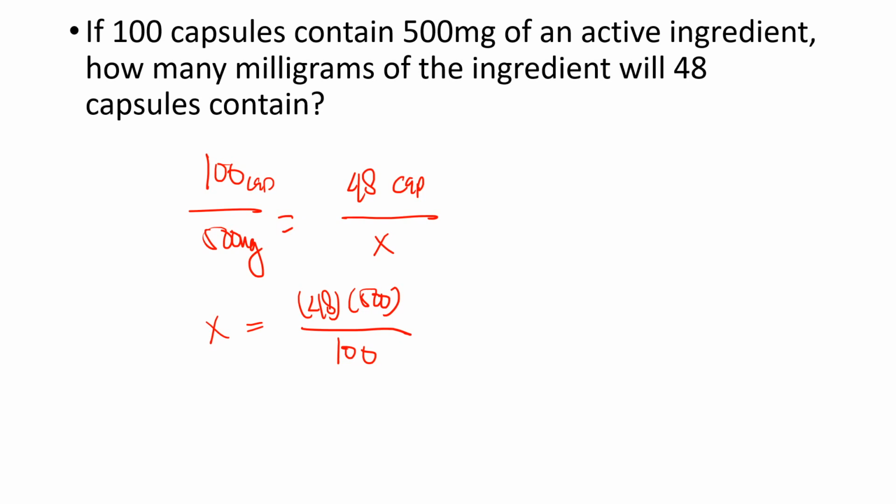So we'll have an x of 240 milligrams. Okay, so as the questions progress, you will only repeat the same process over and over again. The main important thing is to properly align the units on top and on the bottom. Otherwise, you will end up with a wrong solution.